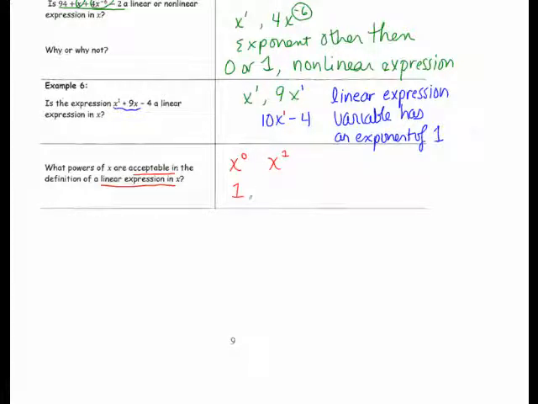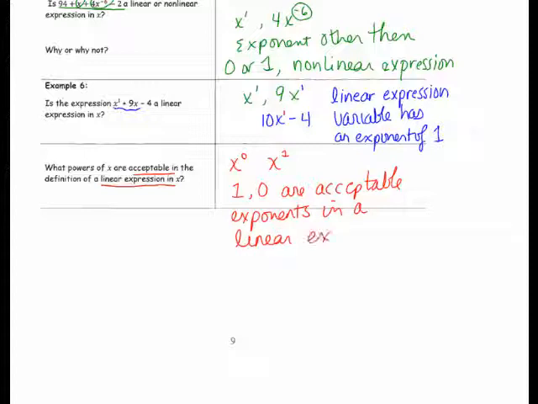So 1 and 0 are acceptable exponents in a linear expression.